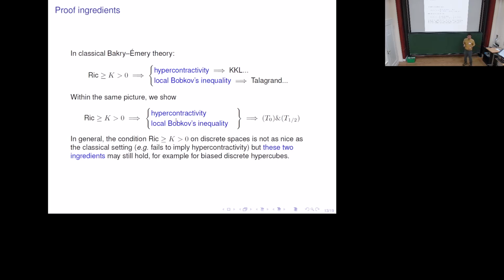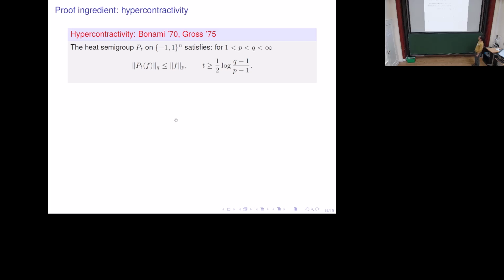More questions or comments? So the rest of the time will be devoted to expanding these two ingredients. The first one is hypercontractivity, which is a very classical result of Gross, saying that the heat semigroup that we defined from the very beginning has the following property.